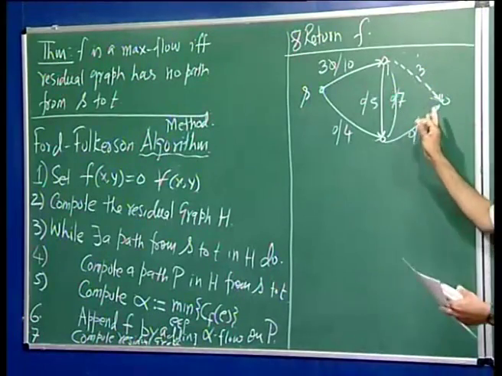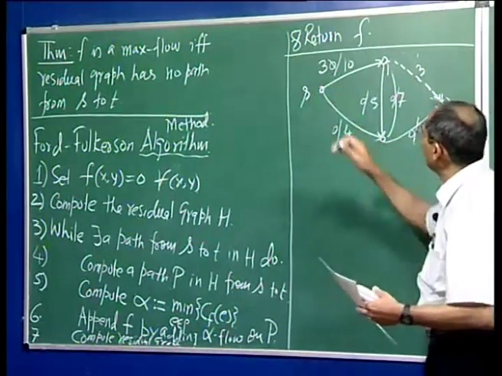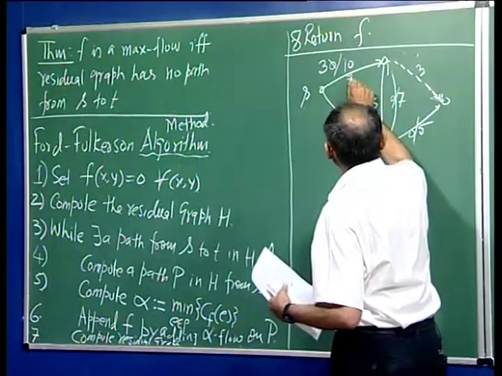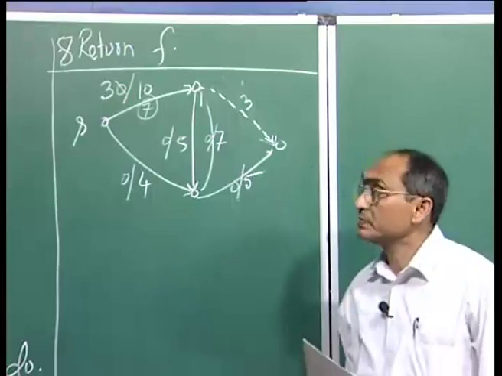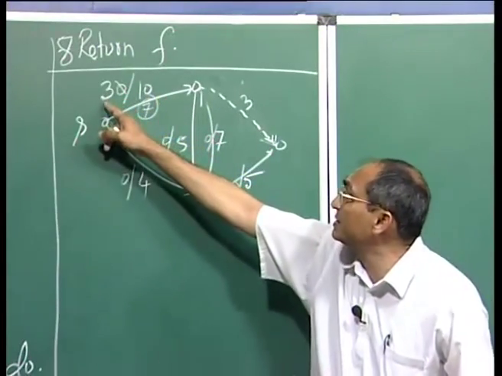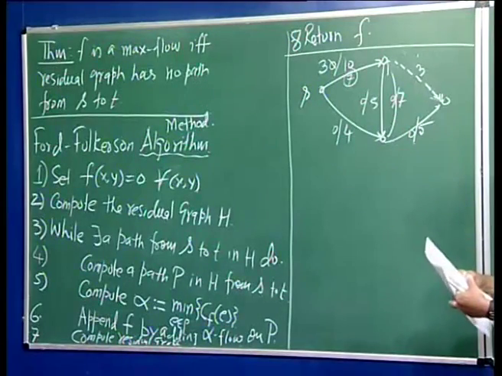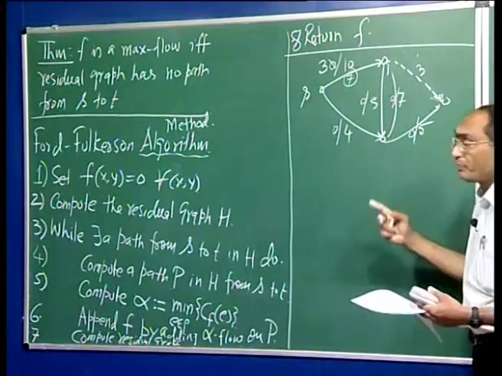The broken edge is the missing edge from the residual graph of the new flow, and the residual capacity for this is now 7, because we have 10 capacity and 3 is flowing through it. Others are intact. Once again, I will look for a path.